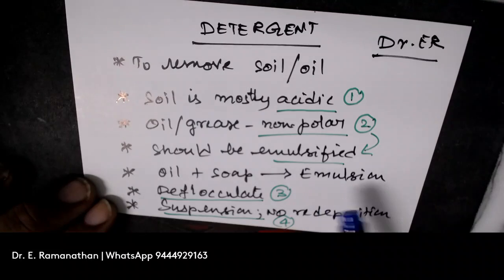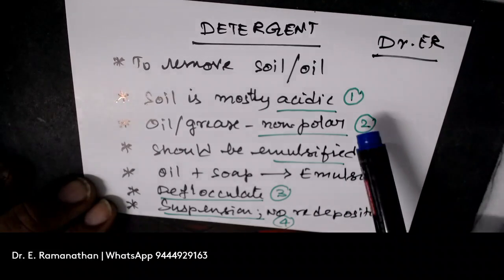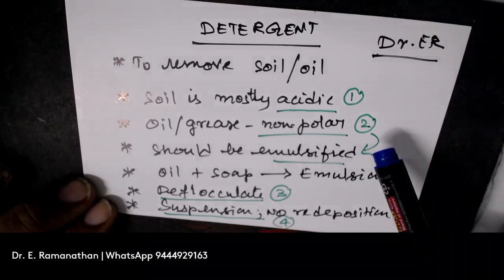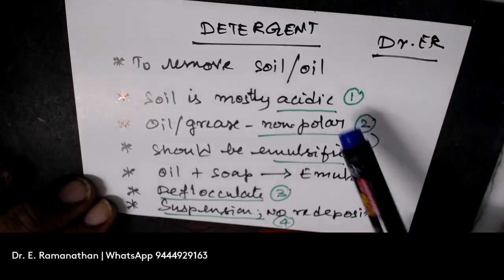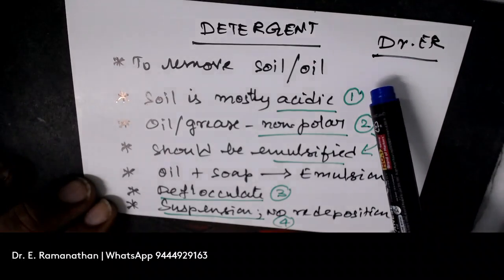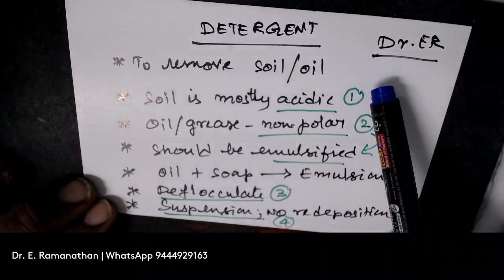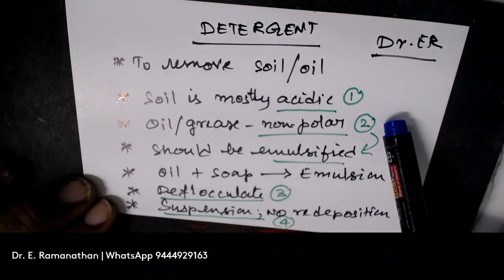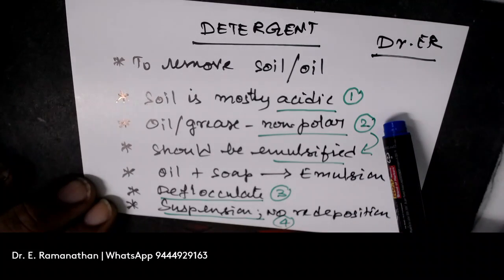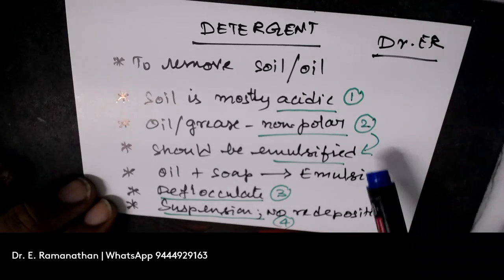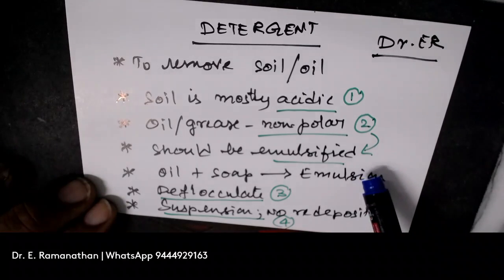So when you formulate a detergent, you need to be careful about the role of each ingredient. If the soil is acidic, you have to add an alkaline material, and if the soil contains oil and greasy matter, then you have to add an emulsifier.